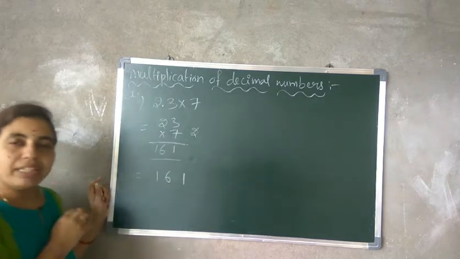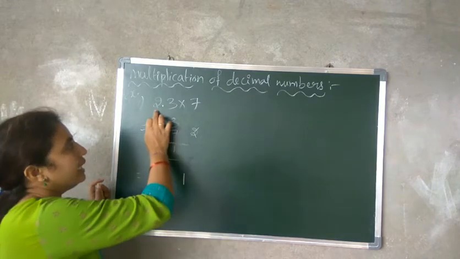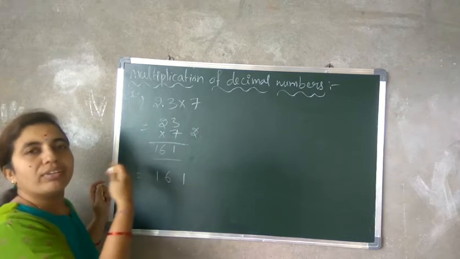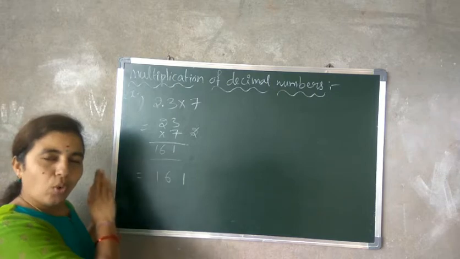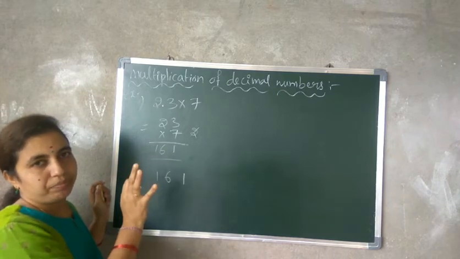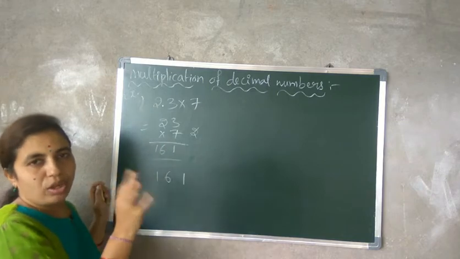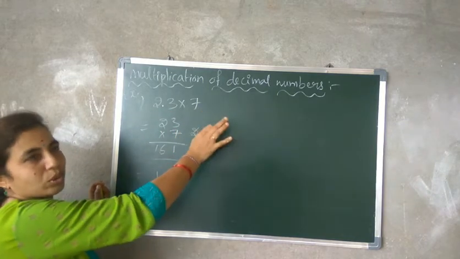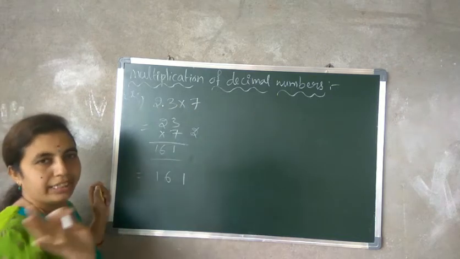After getting this answer, see how many decimal digits we have. What are the number of decimals you are multiplying? Total decimal digits you have to count, not only the first one or second one. All the decimal digits you have to count. Here one decimal digit. Do we have decimal digits in the other number? No. So totally only one decimal digit.